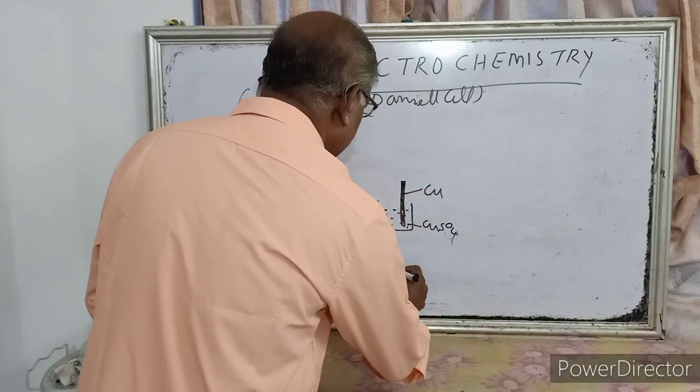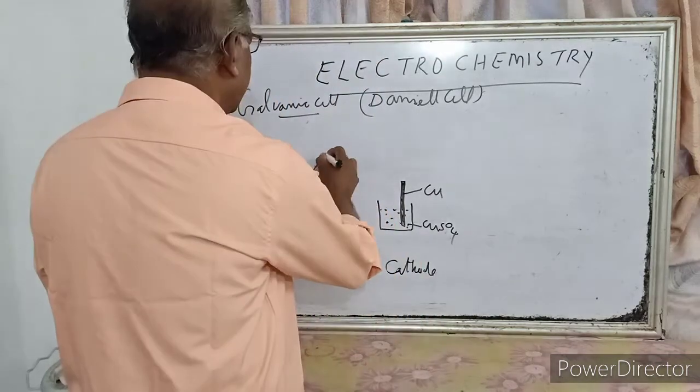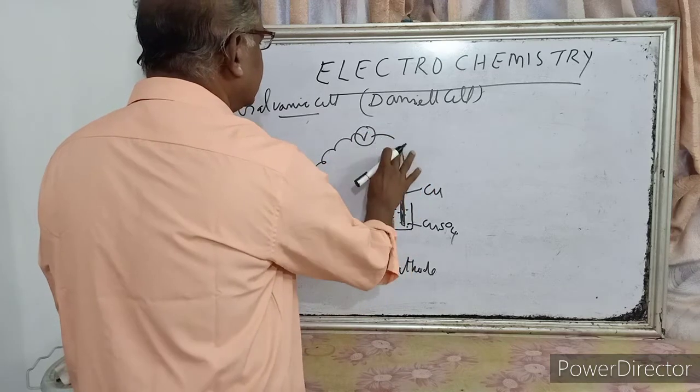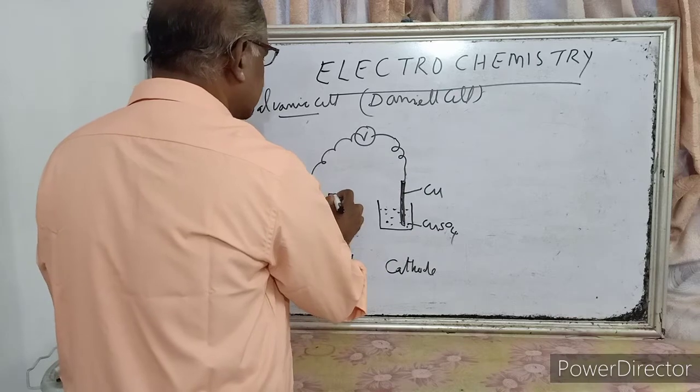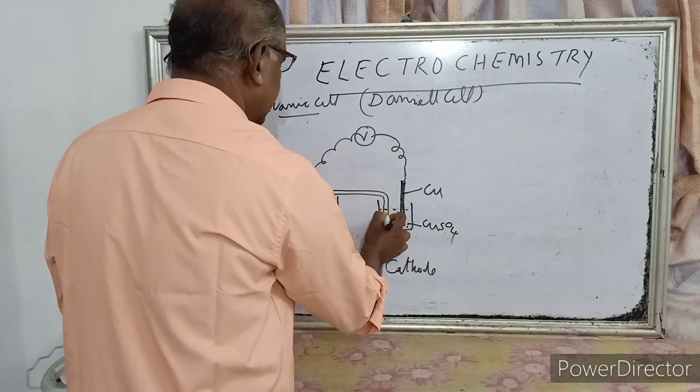So this is the cathode. The electrodes are externally connected by a wire and internally by a salt bridge. So that is Daniell cell.